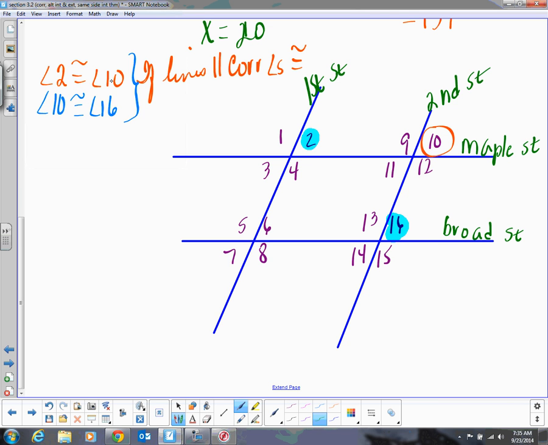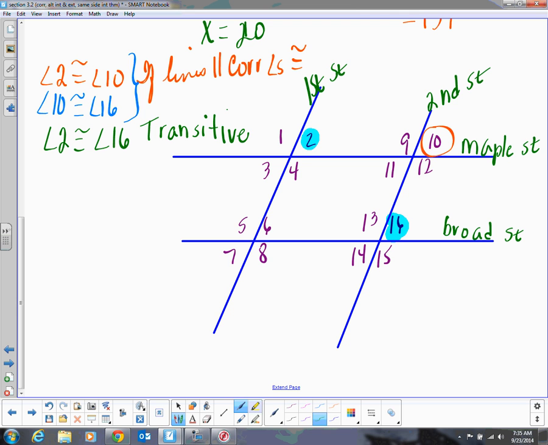If 2 is congruent to 10 and 16 is congruent to 10, what can we say? Right, and what's that reason? Right, transitive. Are we there? Did we link our 2 and our 16? That's what number 6 set out to do.